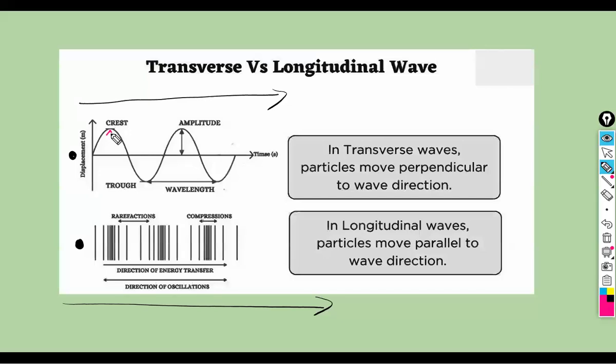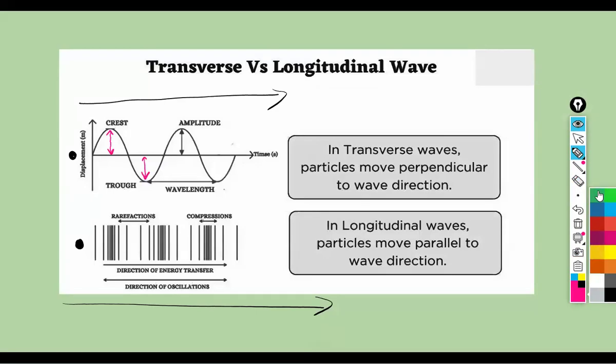So remember, the water waves go up and down. But how is the energy being transferred? Let me get a different color. How is the energy being transferred in a case like this? Remember, even though the water particles are going up and down, the energy is moving what? Forward.